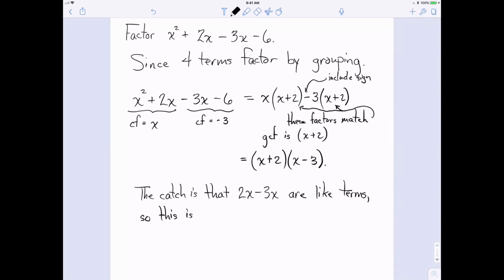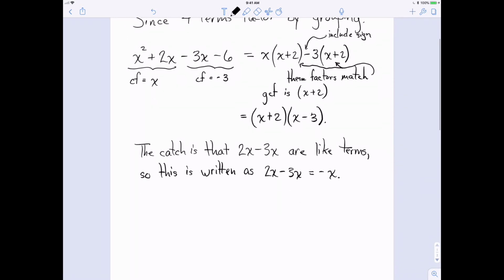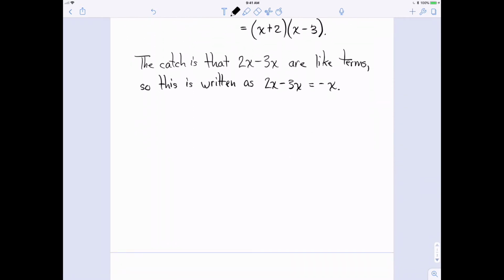This is simplified, if you will, and written as just minus x. So if that's what happens, the real problem you see is this: factor x squared minus x minus 6.